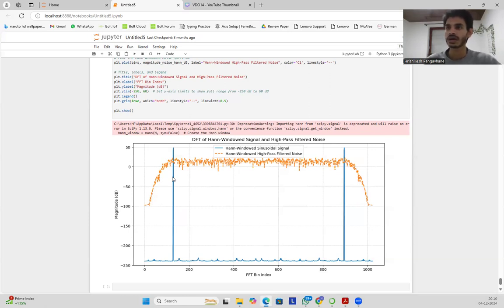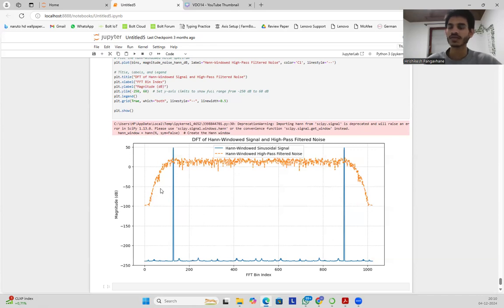In the case of the Hann window, the power is distributed over 3 bins, but in the case of Blackman-Harris, it can go up to 17 bins or even more. So when the bandwidth in which we are interested is small, let's say we are only interested in the initial 30 bins, then the noise at each bin will be spread over more bins.